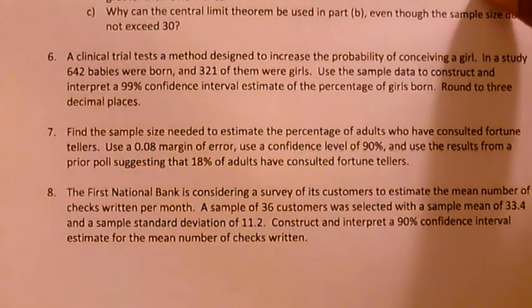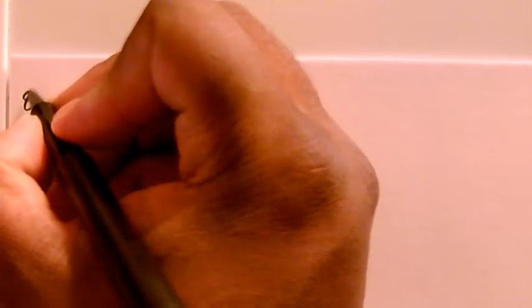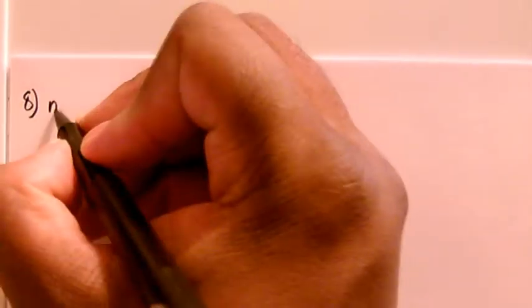Okay. Alright, so let's look at what we're given in this problem here, problem number 8. Just identify what's given. We're told that our sample size is 36, so that's your N. Because we have a sample of 36 customers. And then we have a sample mean of 33.4.